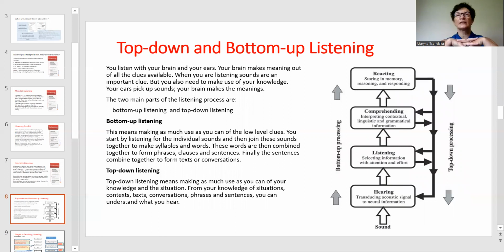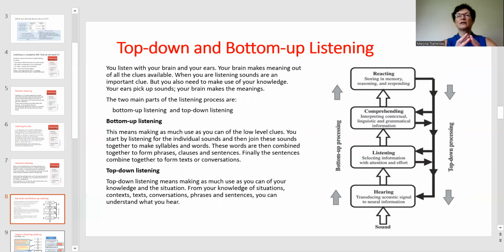Now, let's look at how we may hear the information and understand it, because you remember that it's important not only to listen, but also to understand. There are two listening processes, and these processes are very important for us as language teachers.